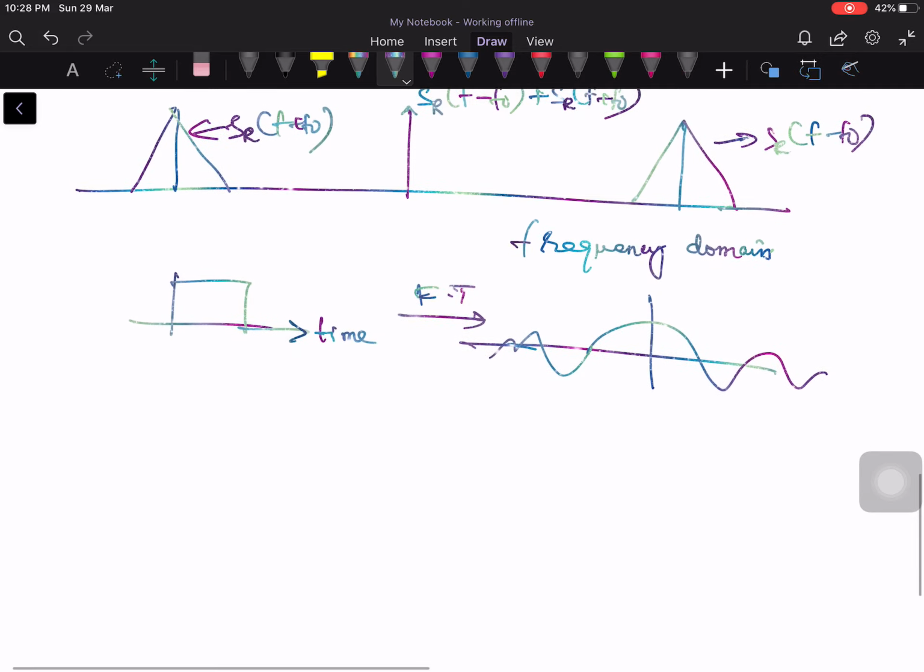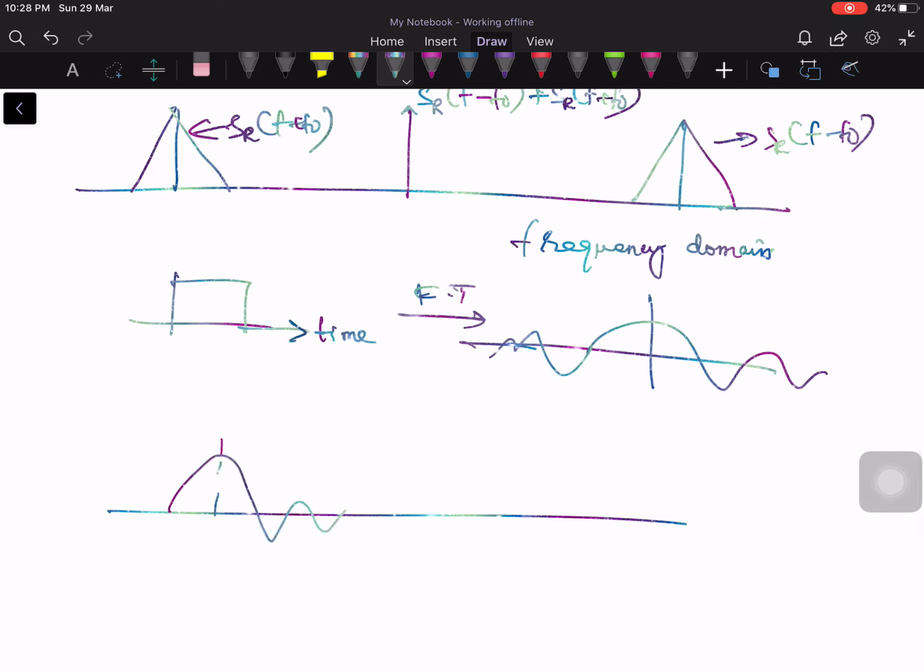So you will have the shifted sinc pulses. You have one sinc pulse like this, and you will have another one like this, shifted.